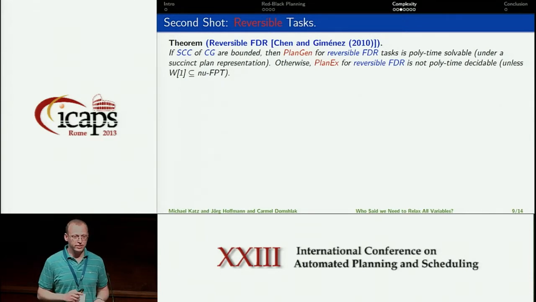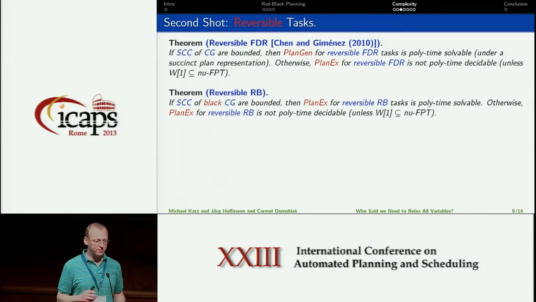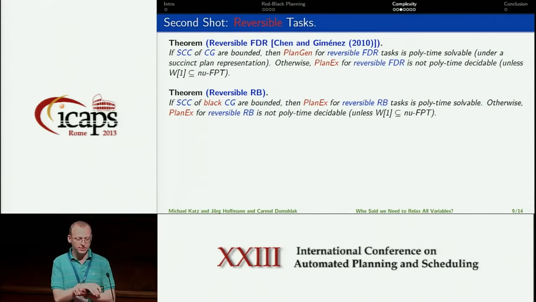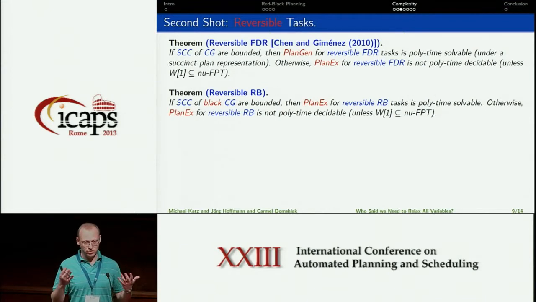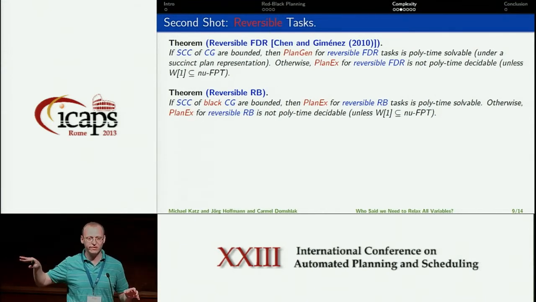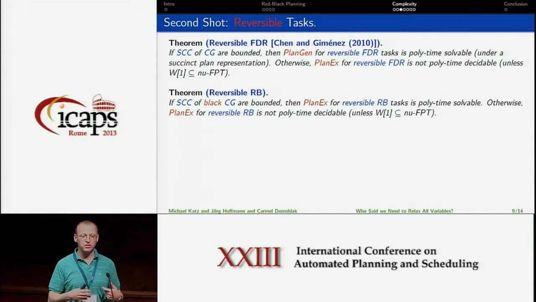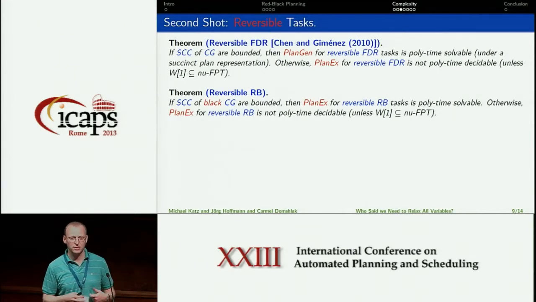So we found a really similar result. The only difference is that here we talk about plan existence and not plan generation. If the strongly connected components of your black causal graph, you can disregard the red variables, sorry, are bounded, then plan existence for reversible red-black tasks is decidable in polynomial time.